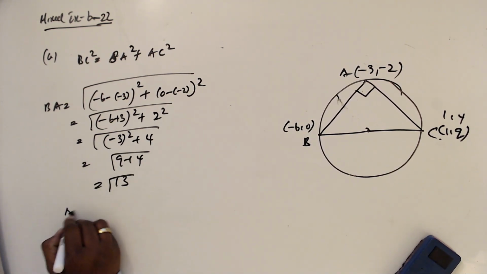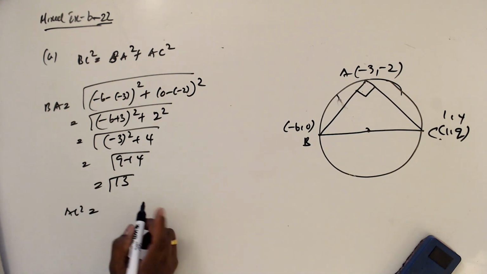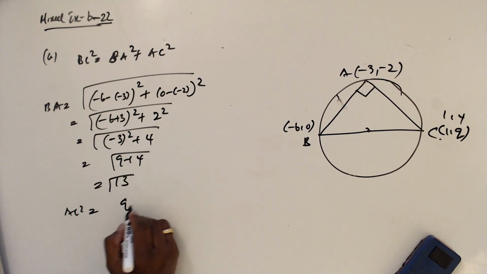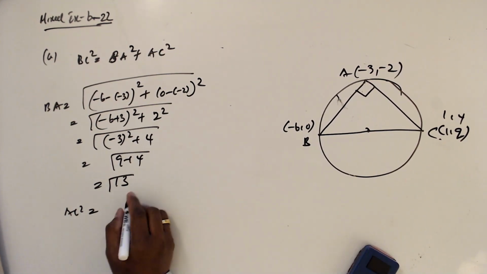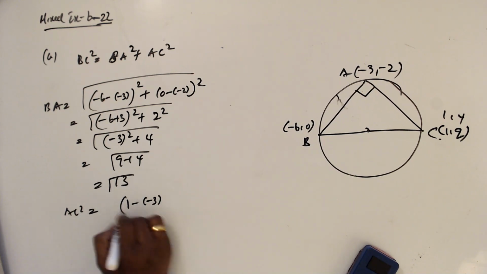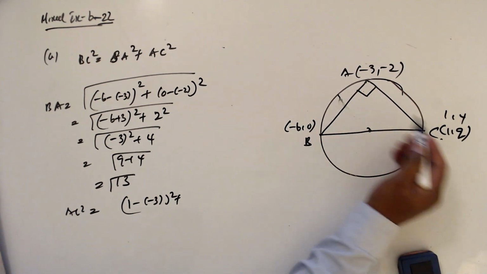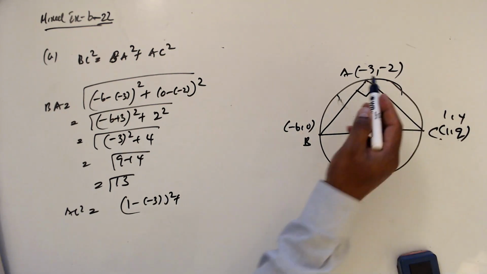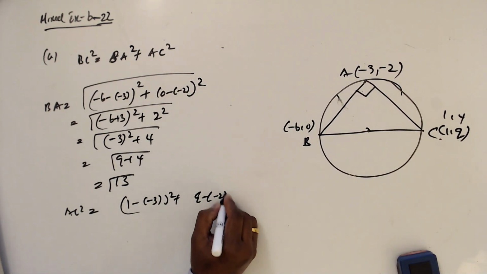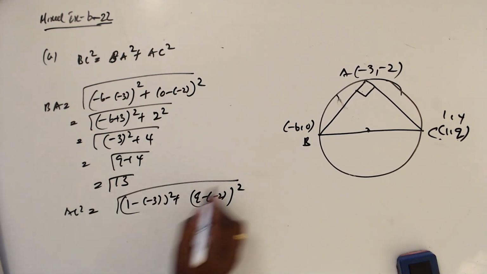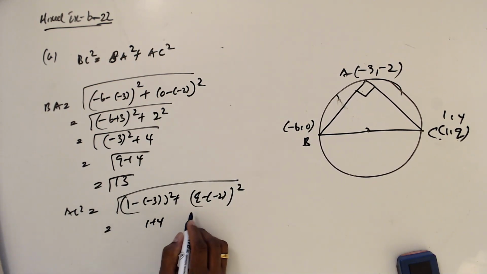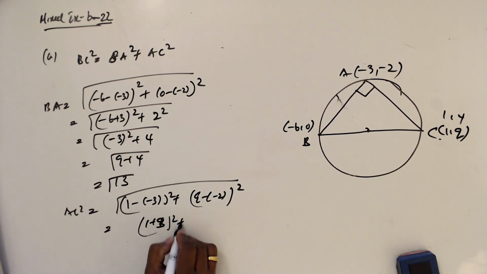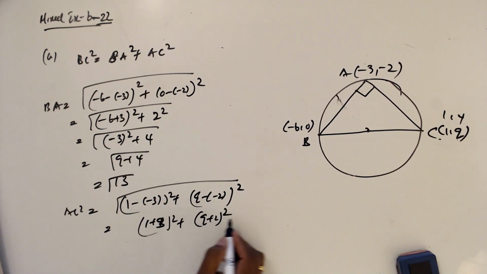And AC squared. AC squared means (1 minus minus 3) squared, x1 minus x2 squared, plus (y1 minus y2) squared, which is (q plus 2) squared.